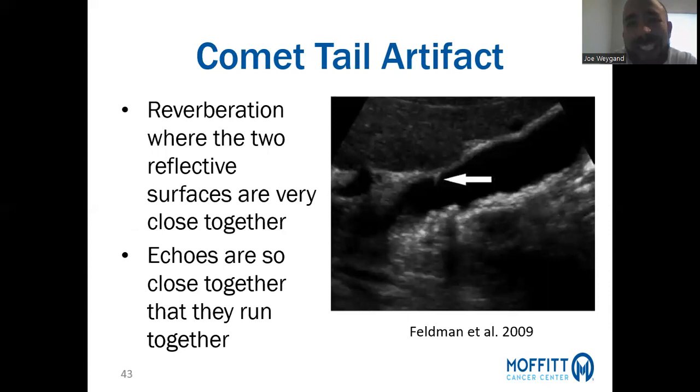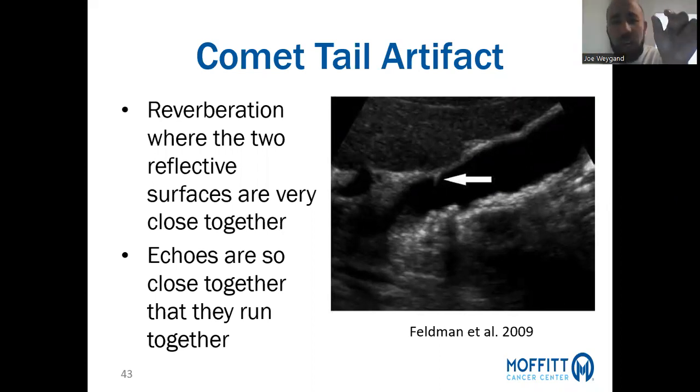An extension of that is the comet tail artifact. This is the same as reverberation, but it's when the two reflective surfaces are so close together that you can no longer resolve that they're separate surfaces. Here the echoes run together, and also the lateral part of the beam attenuates more readily than the central part of the beam.